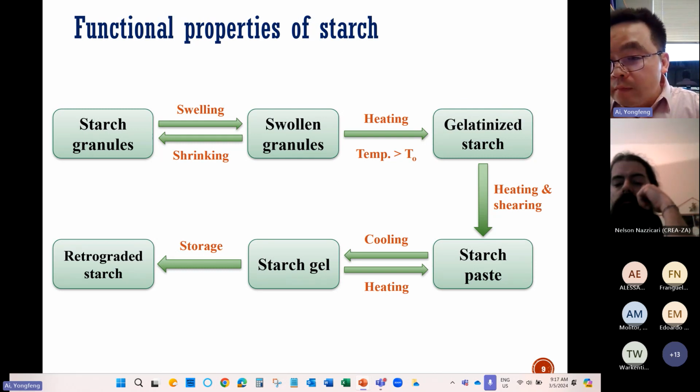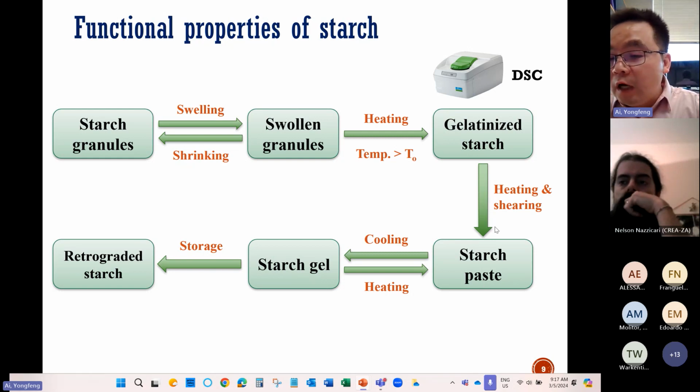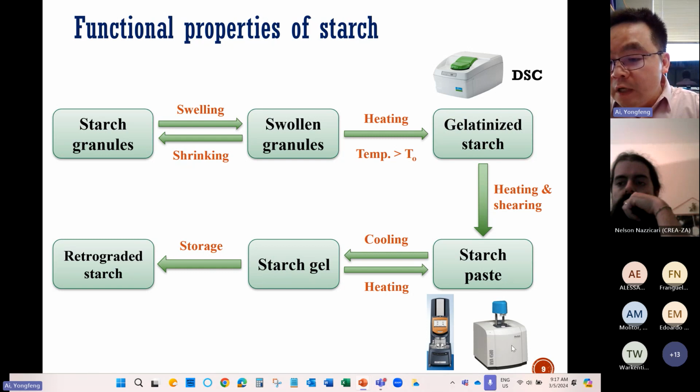Usually for the gelatinization of the starch, we use the instrument called the differential scanning calorimeter, DSC, to determine the gelatinization properties. But the starch pasting property is usually about the development of the paste with a good viscosity. For this property, we can use a rapid visco analyzer, RVA, or we can use a rheometer.